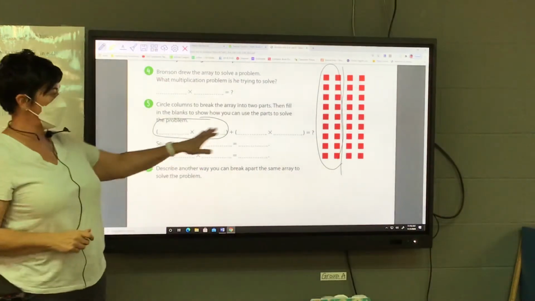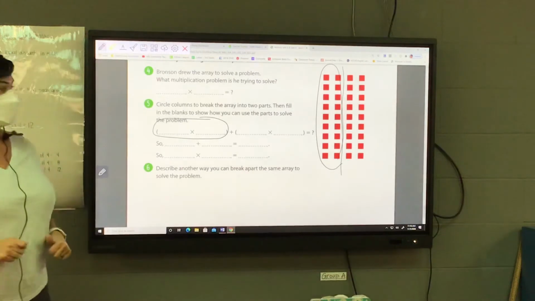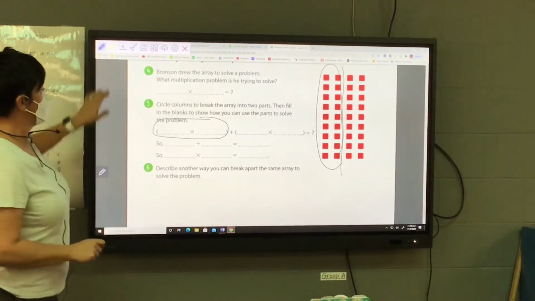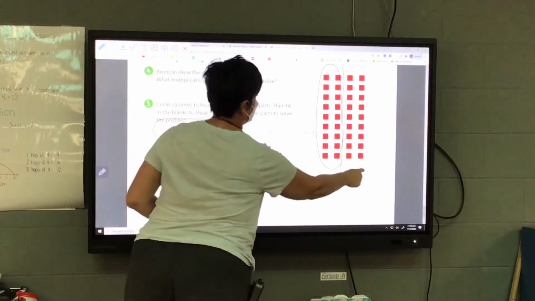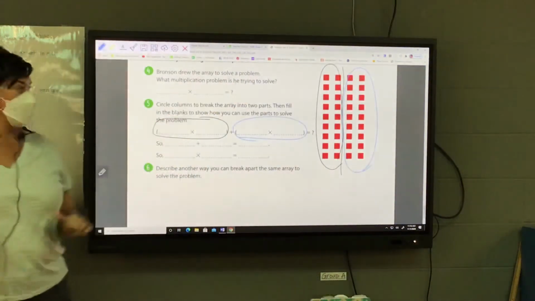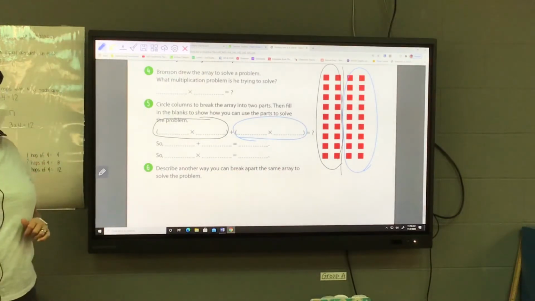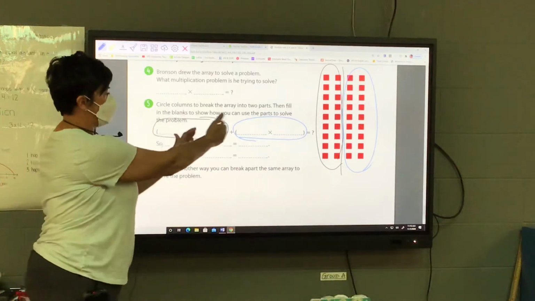Create that multiplication problem for this side of your array. Then, for this multiplication problem, with that side of your array. And then you're just going to complete each step.